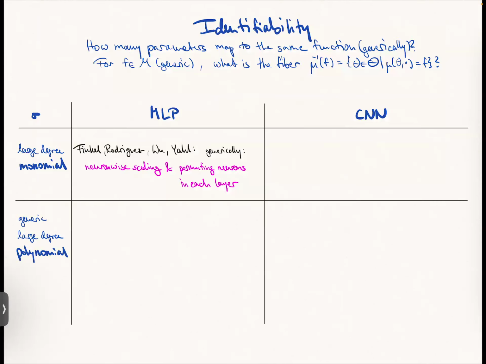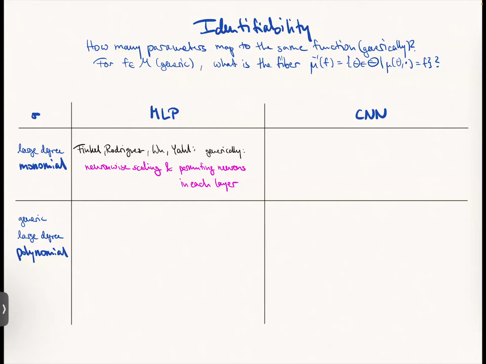Okay, so I think, and correct me if I'm wrong, that Jose Rodriguez has talked about what is the dimension of the neuromanifold, which is equivalent to asking what is the dimension of the generic fiber of the network parametrization map.